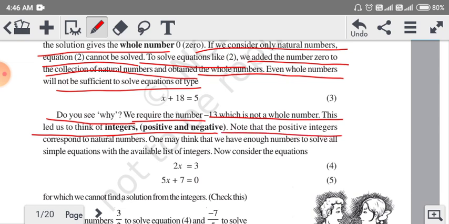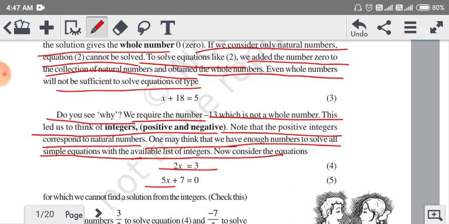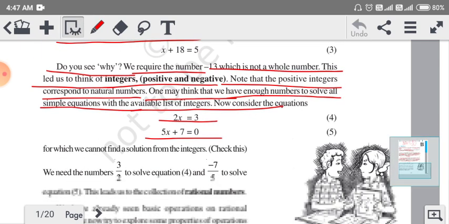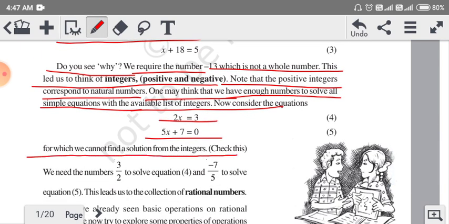So note that the positive integers correspond to natural numbers. One may think that we have enough numbers to solve all the simple equations with the available list of integers. Now consider the equations 2x is equal to 3 and 5x plus 7 is equal to 0, for which we cannot find a solution from the integers.